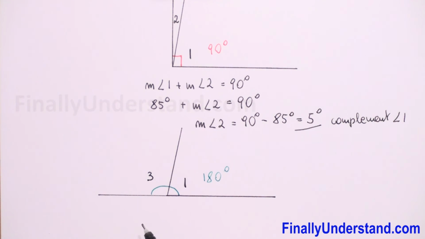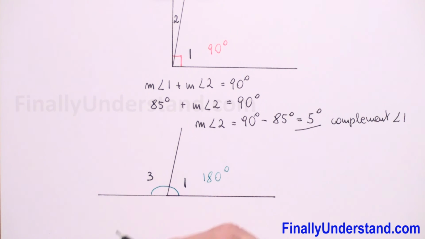This is our supplement of angle 1, because two angles are supplementary angles if the sum of their measures is 180 degrees. So we have this straight angle.